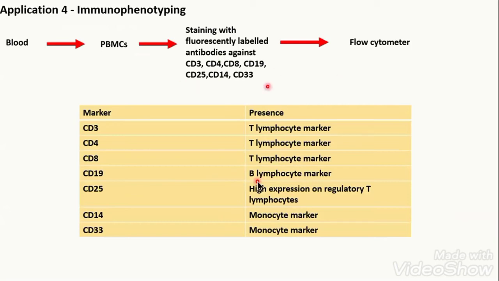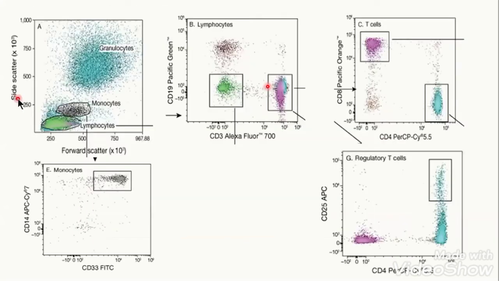Then we can analyze the data, and data is becoming more complex, but it's very simple. Based on forward scatter and side scatter, we have three populations: lymphocyte, monocyte, granulocyte. Within lymphocyte, we can find out CD3 T cells, then CD19 B cells. Then within T cell, we can find out how many are CD4 positive helper cells, how many are CD8 positive cytotoxic cells.